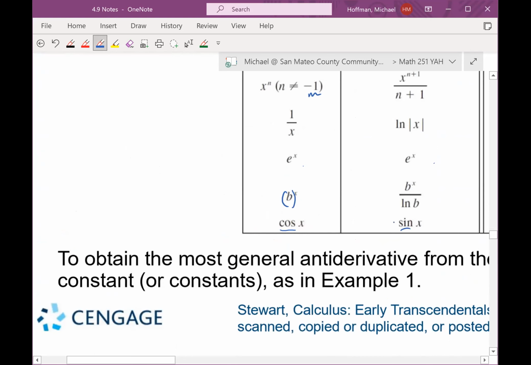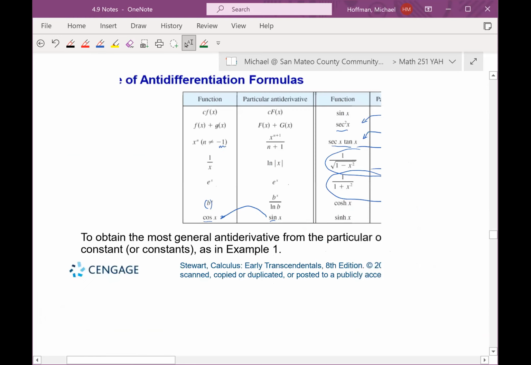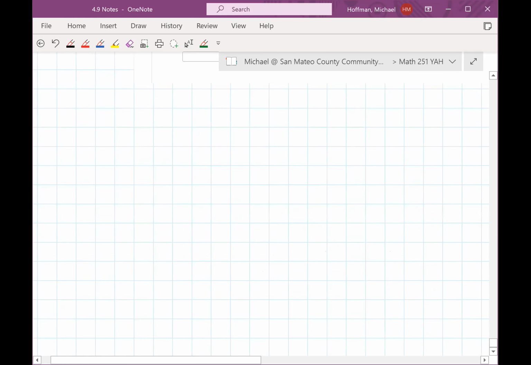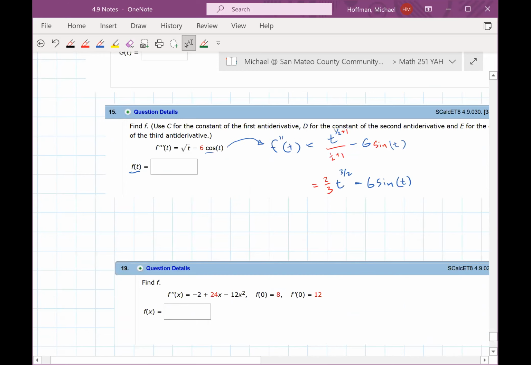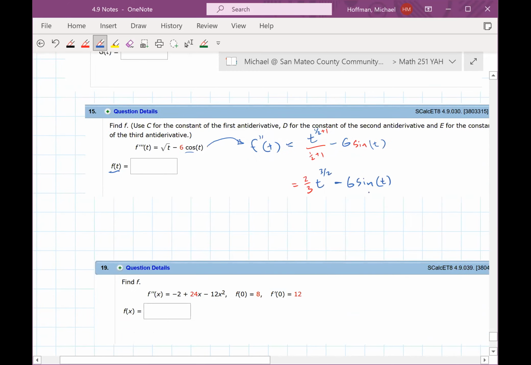Because when I take the derivative, it just has to be cosine. It can get confusing which way you're going. Just remember that in this section, you're always looking for antiderivatives, which means if you take the derivative, you should get what you started with. So if I take the derivative of this new function, f double prime of t, I should end up with what I started with over here.